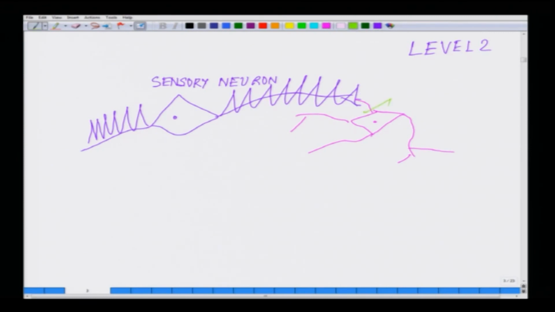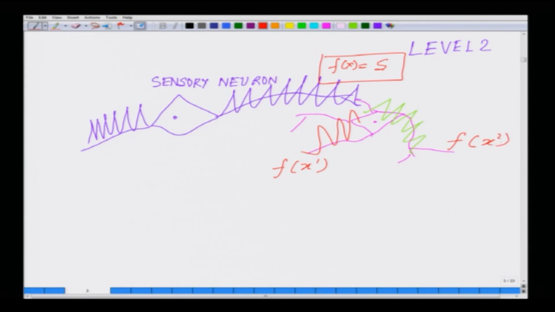One component I am representing by green, the other component by red. If this signal I represent by some function, say f(x) equals s, then here we will have two signals f(x1) and f(x2), or you can represent it any way. Essentially, signal s, so f(x) equals f(x1) plus f(x2).